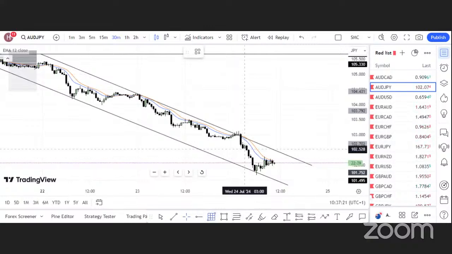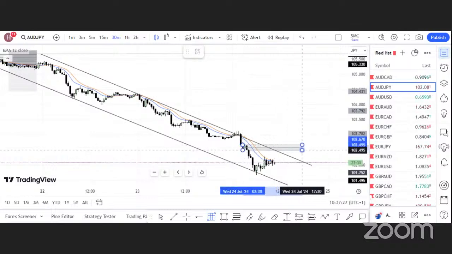From the look of things and from my analysis here, I think this market is heading towards this level.